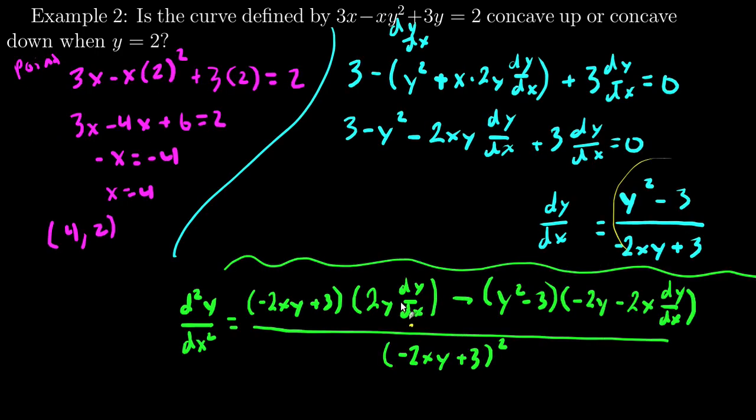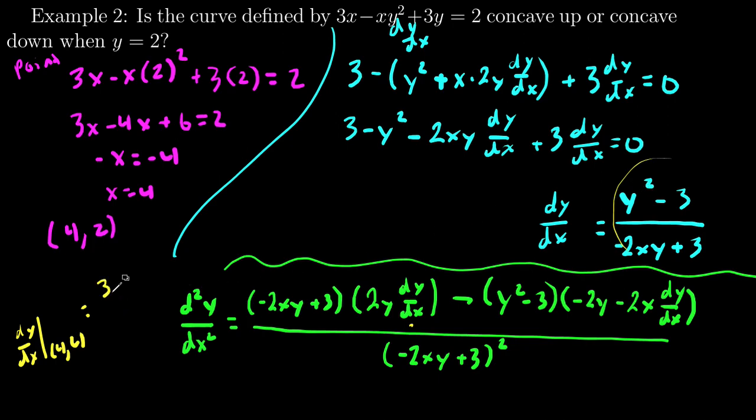Now before I evaluate this, let's figure out what dy dx is at (4, 2). So putting 4, 2 in here, I will get 4 squared is 16 minus 3 is 13. So let me put this to the side. dy dx evaluated at (4, 2) will equal, I'll end up with a 13 in the numerator.